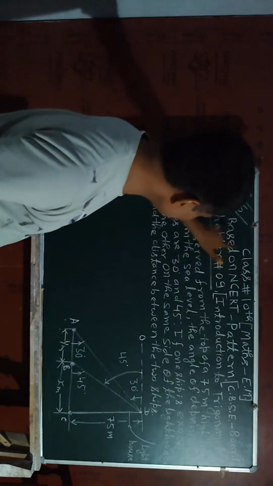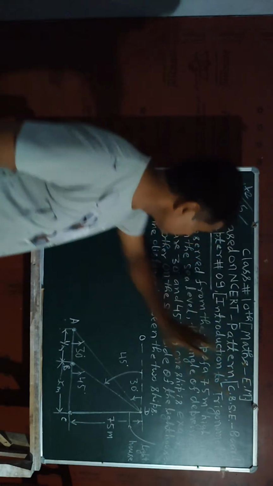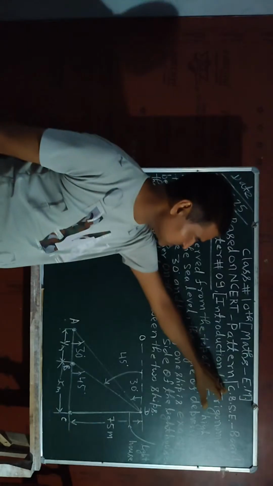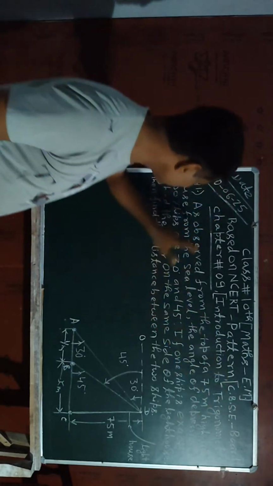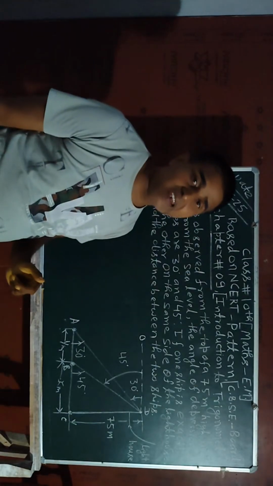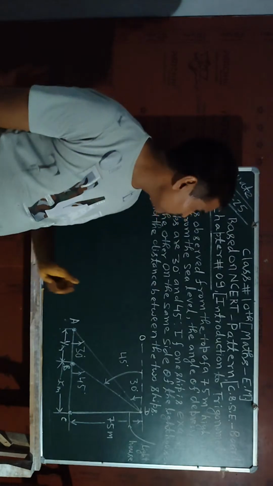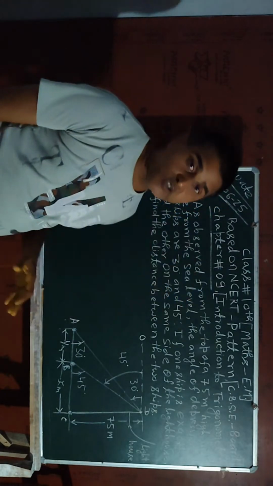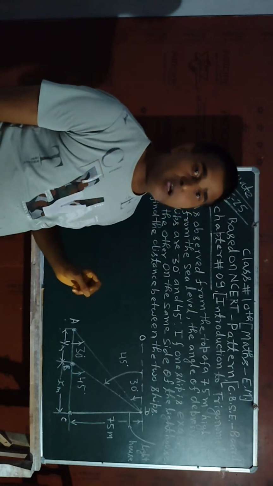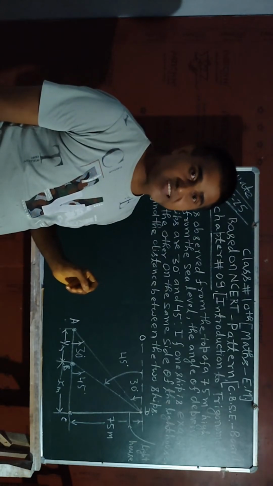Now I am going to tell you this is class 10th mathematics, in English medium. It is based on the NCERT pattern, and its board is the CBSE board. This is chapter number 9. Chapters 1 to 8 I have already taught you. If any student has missed them, go to my YouTube channel and see the video section and live video section.